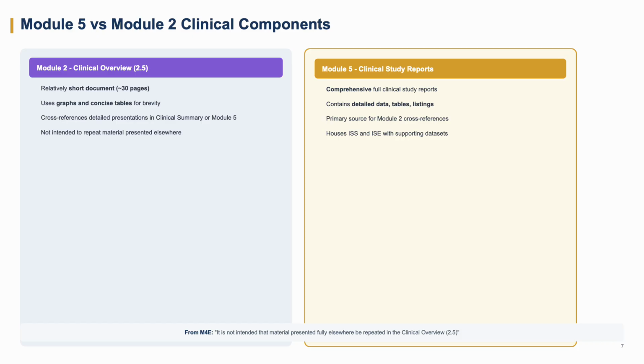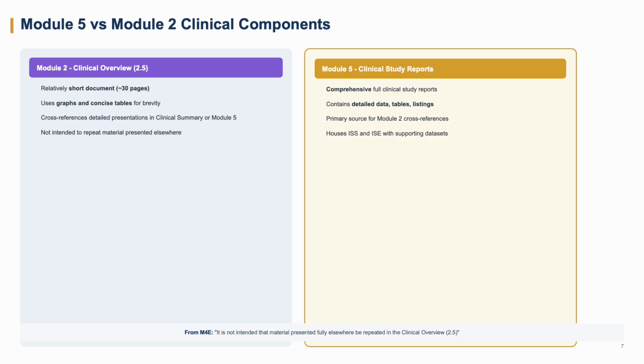using human liver microsomes. On the right side, Section 5.3.3 covers human PK studies, your clinical pharmacokinetic studies in healthy volunteers and patients. This is organized by intrinsic factors like age, gender, and organ impairment, and extrinsic factors like food effects and drug interactions.